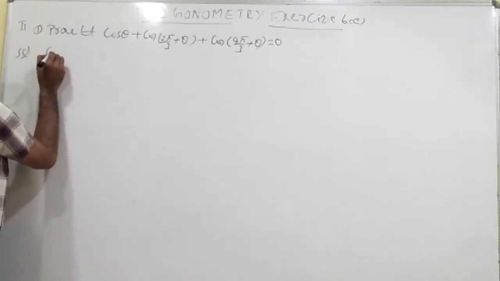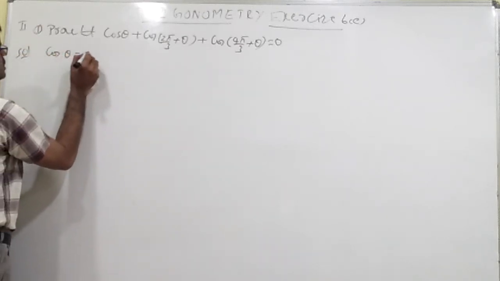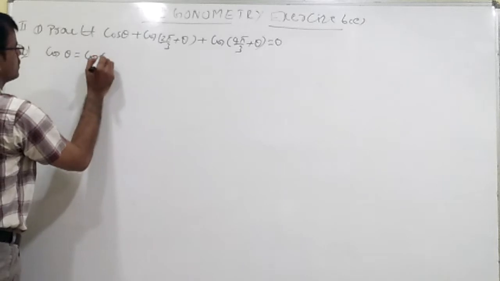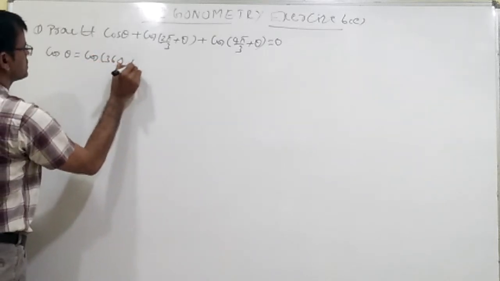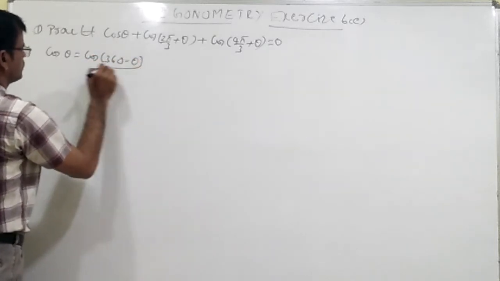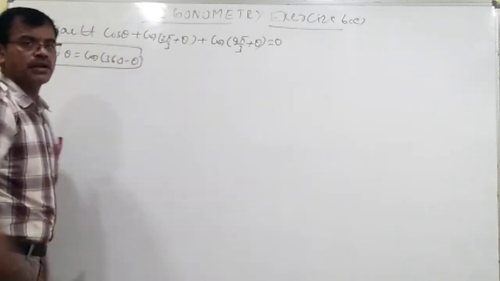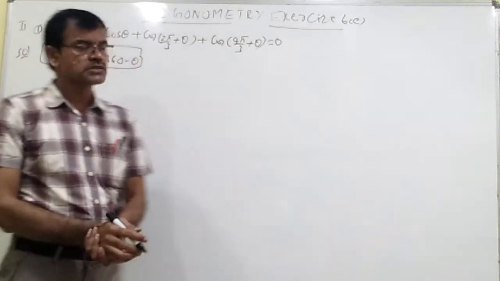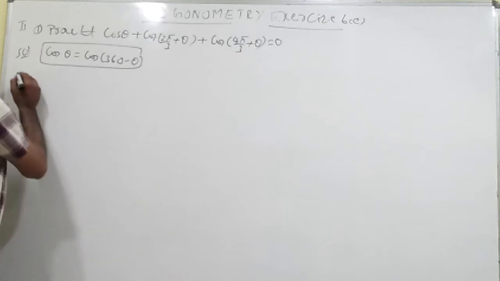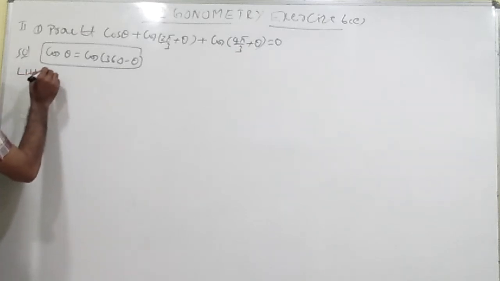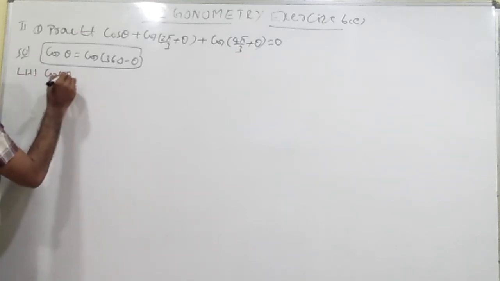Here you can apply the formula cos theta is equal to cos of 360 minus theta, according to the allied angles. Now taking LHS, simply write cos theta like this, don't change.